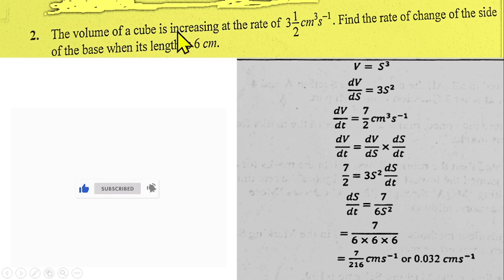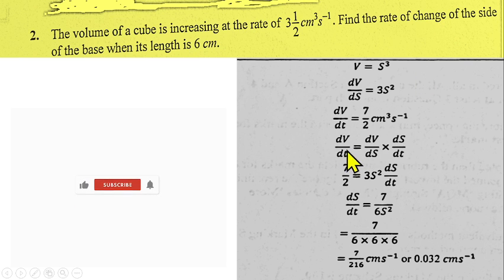If you differentiate the volume with time, that should give us dV/dt equals to this rate given to us, which if you change to an improper fraction, should give us 7/2 centimeter cube per second. Then from there, we have to find the rate of change of the side. So that should give us dx/dt, the rate of change of the side.